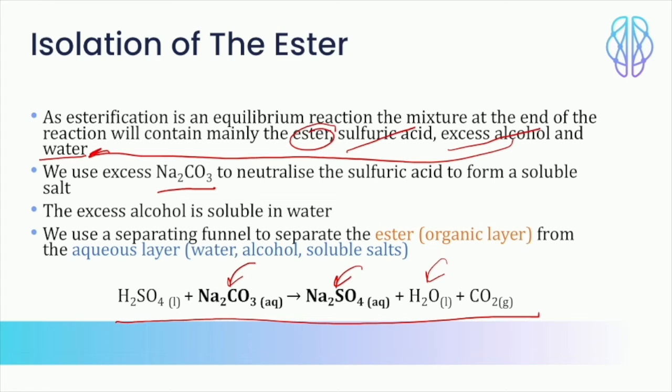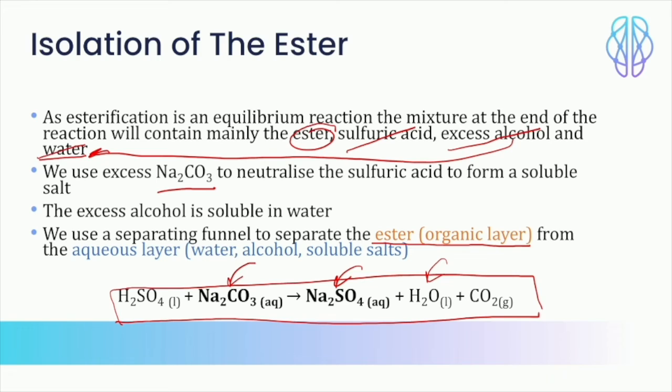Hopefully you can start to see a theme coming across. You have your ester, which is your organic layer or organic compound, and you have an aqueous layer or a group of aqueous compounds, which is the water. You have your excess alcohol, which is dissolvable in the water, and you have your soluble salts as a product of the neutralization of sulfuric acid.